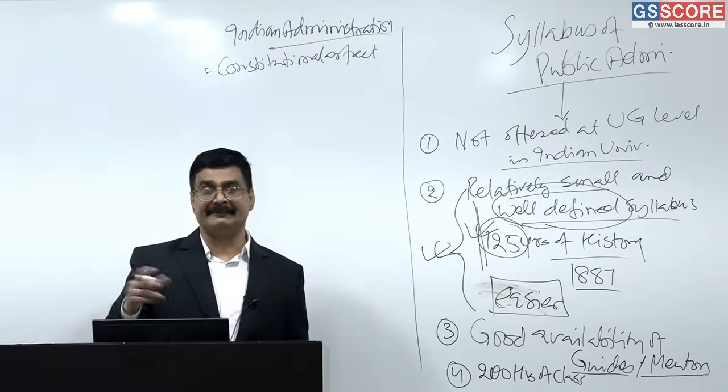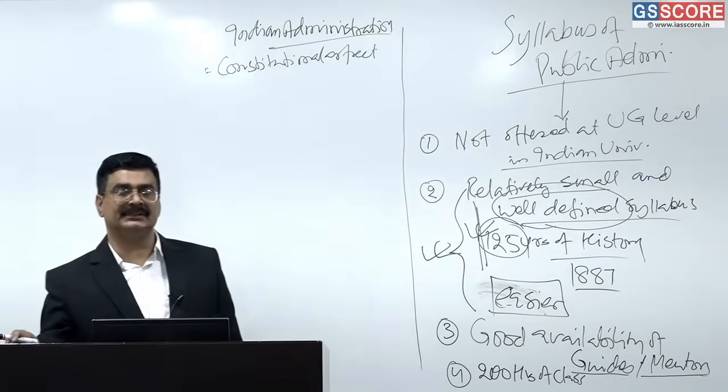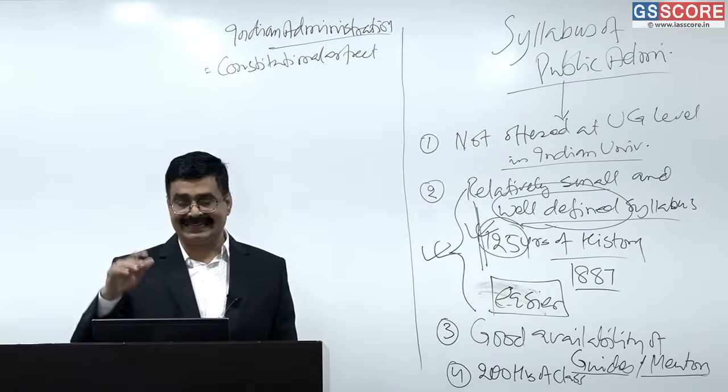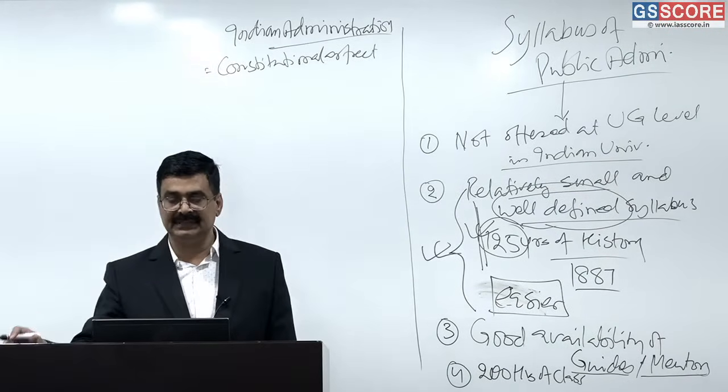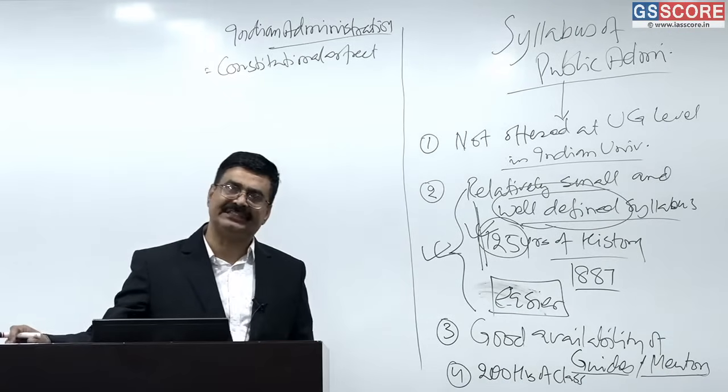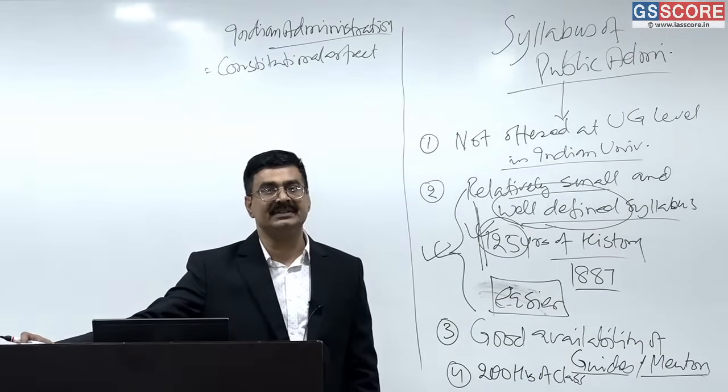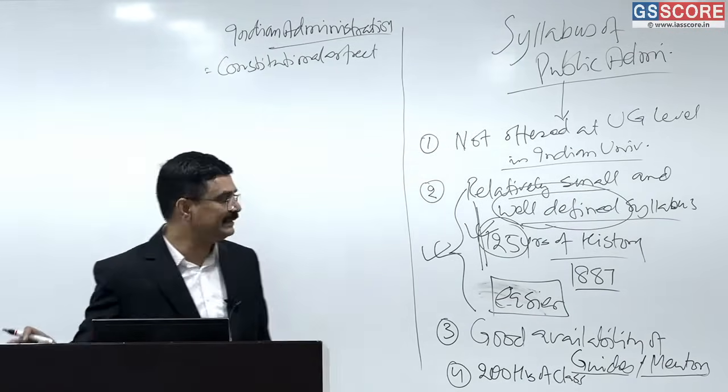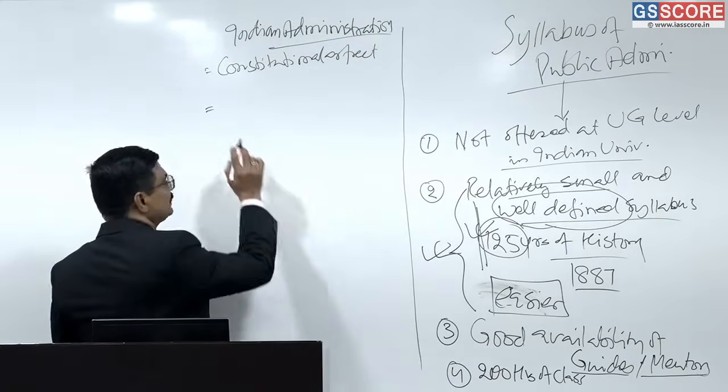Not only Indian polity and governance, GS paper 2, wherein the students of public administration are directly helped. Many other areas of GS are there wherein the students get helped a lot.